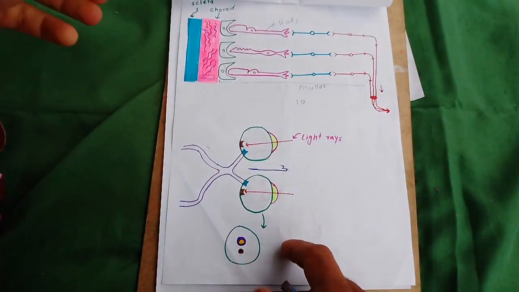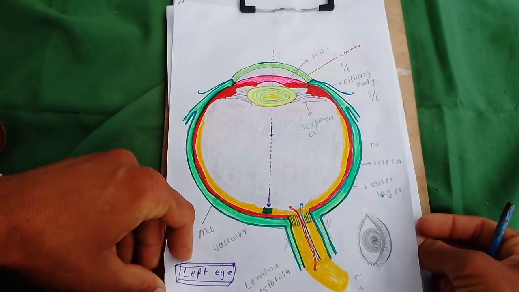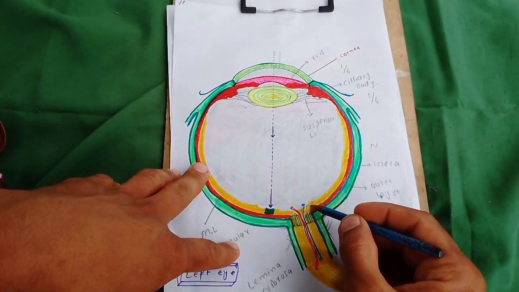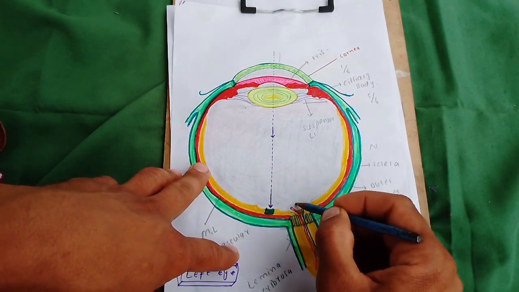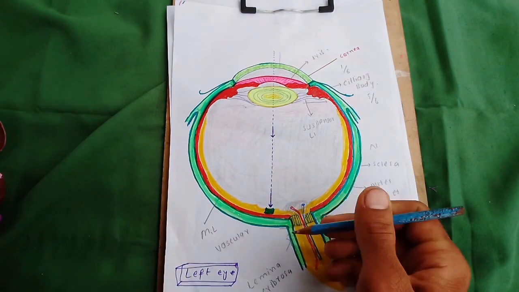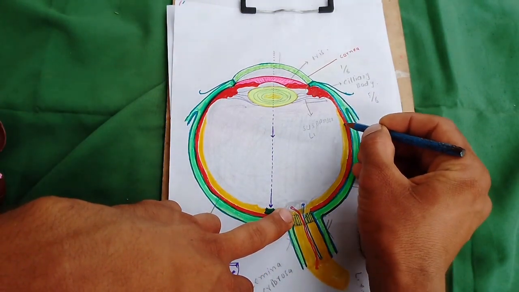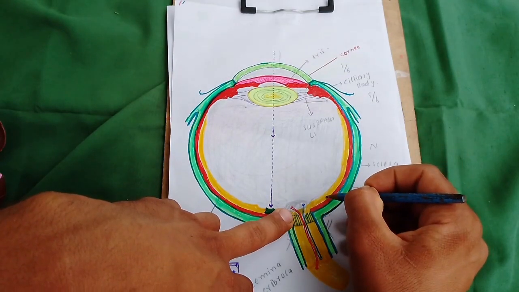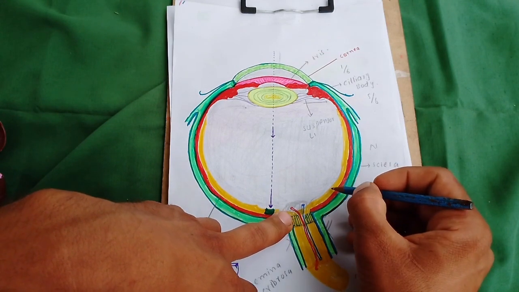Another very important point in the anatomy of this lecture: the retina starts from this point. This is the optic nerve. Here it makes a disc, as you can see here. The retina consists of rod cells, cone cells, Müller cells, ganglionic cells, bipolar cells, horizontal cells, and many other cells.